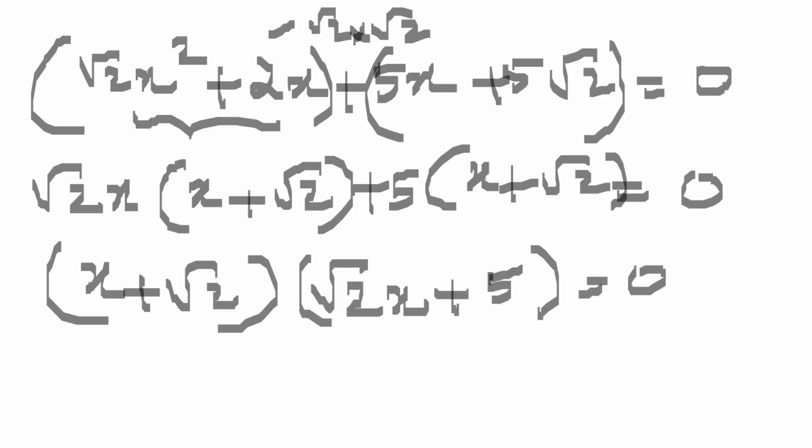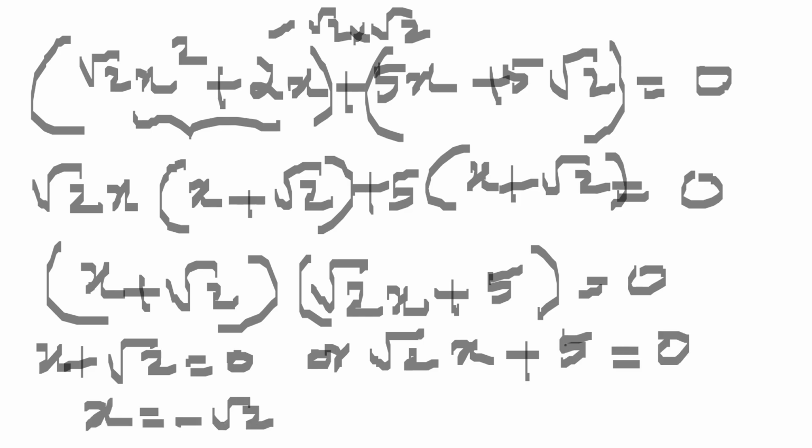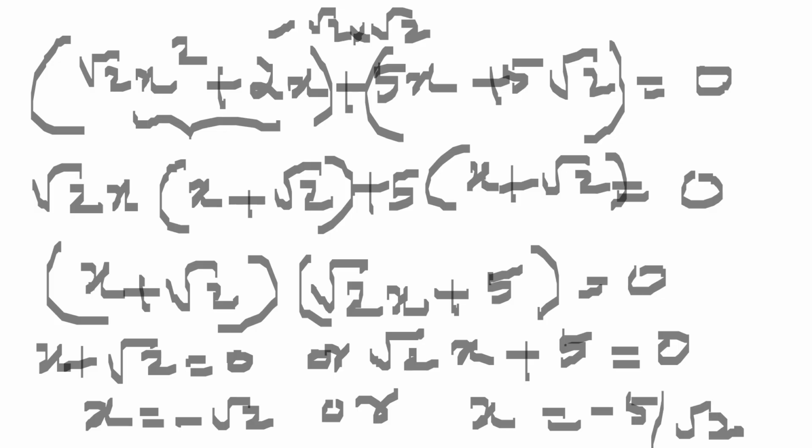So x plus root 2 equal to 0 or root 2x plus 5 equal to 0. So x is equal to minus root 2 or x is equal to, here root 2x is equal to minus 5, so x is equal to minus 5 by root 2.